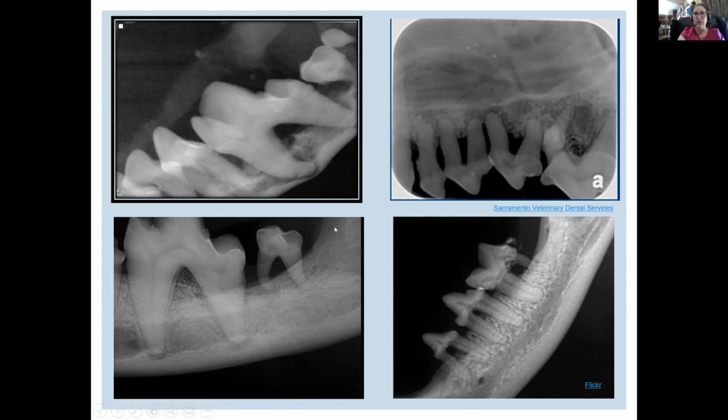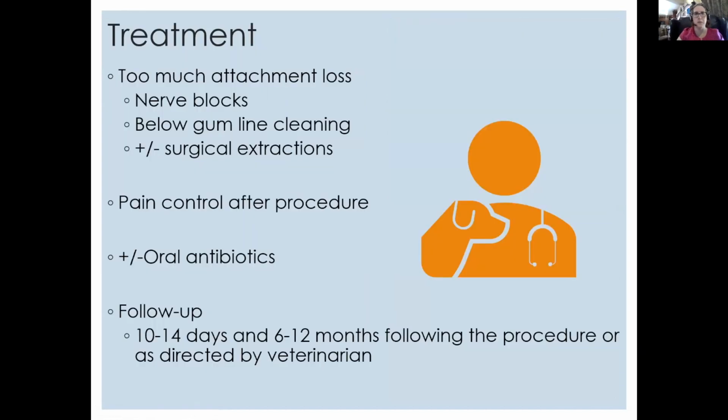And then it allows us to make sure that we can get all of these teeth out, or if we're seeing any surprises or any concerns, the care we need to take specifically to get these teeth out. So if your veterinarian finds that there's too much attachment loss, most of the time they're going to put in nerve blocks.